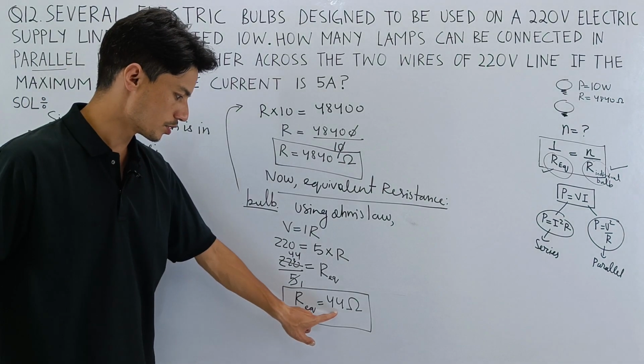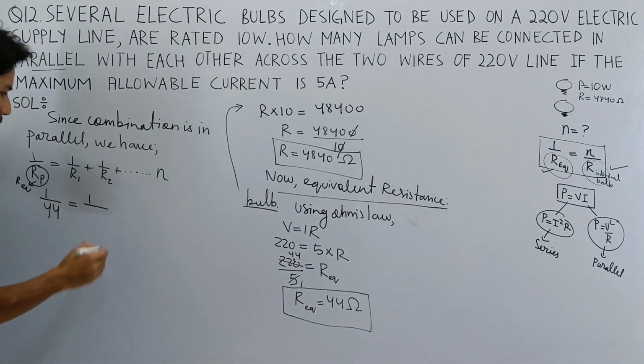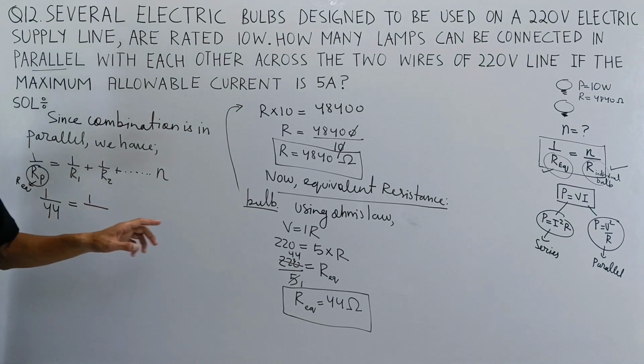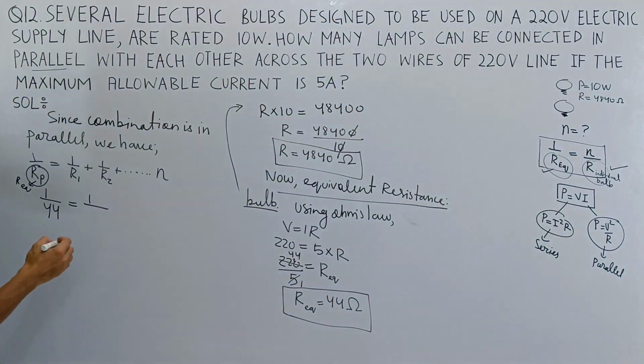Equivalent resistance we have found, 44. So replace this one with 44 because this is the equivalent resistance. So 1 by Req is equal to 1 by R1, R2, this refers to the resistance of the bulb. So the resistance of the bulb is 4840.